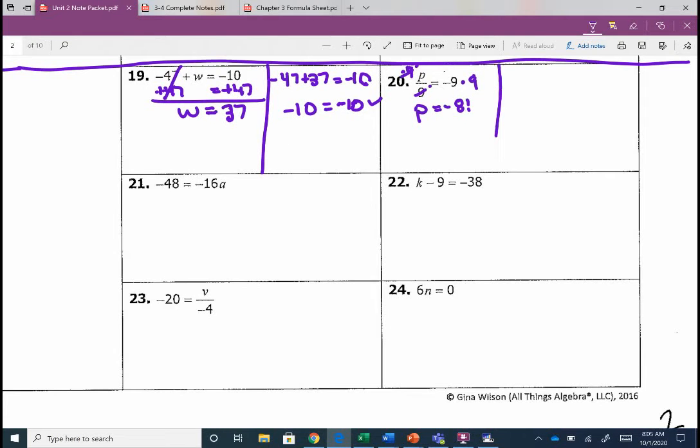Then when I go to do my check, I put negative 81 in place of p, divide by 9, and I check to make sure I get negative 9. And I do. Negative 81 divided by 9 is negative 9. So double check yours with mine.